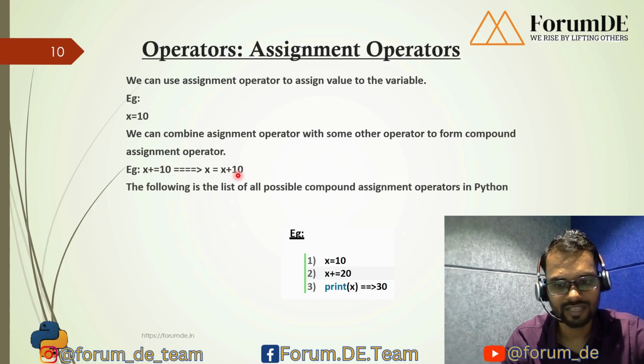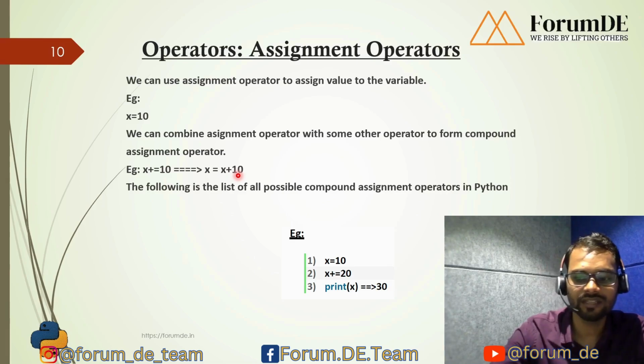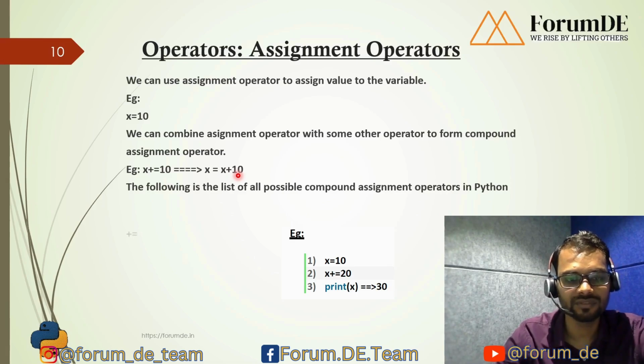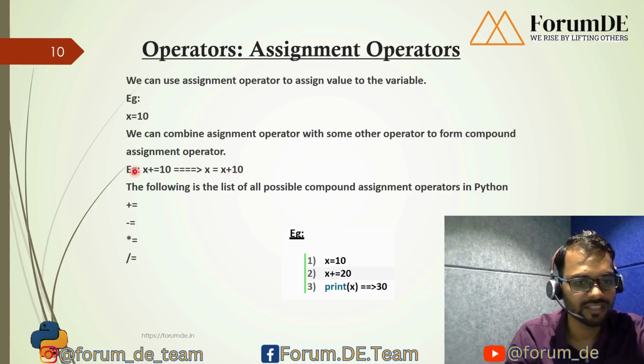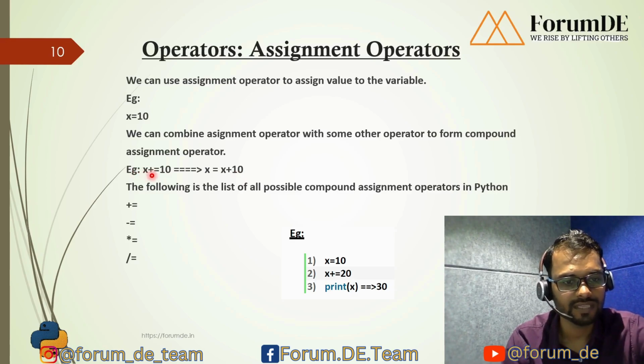Similarly, we can use operators like plus is equal to, minus is equal to, star is equal to, and divided is equal to. Plus is equal to means x is equal to x plus 1. You can use additions with the variable name itself.